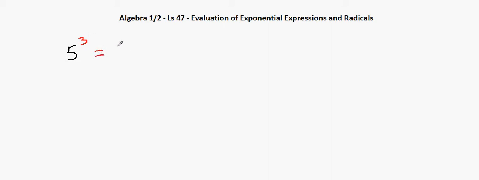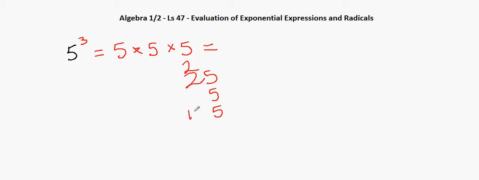Therefore, it's saying, in short, 5 times 5 times 5. 1, 2, 3 times. So 5 to the third is 25 times 5, which is 125.